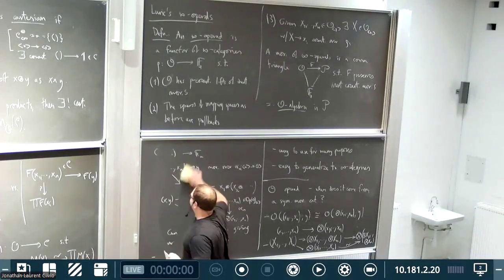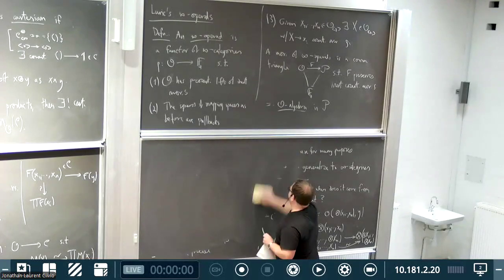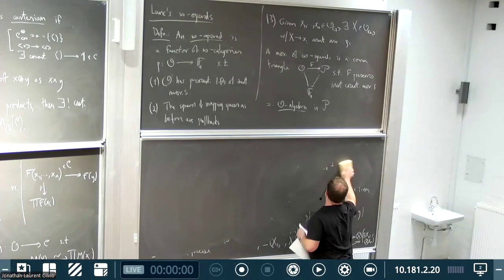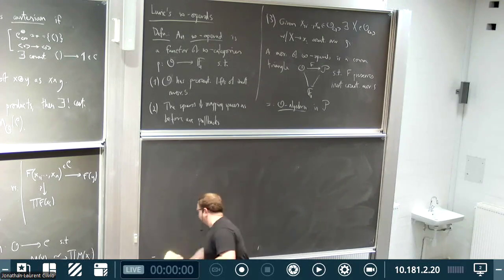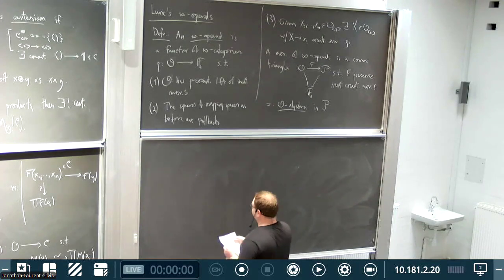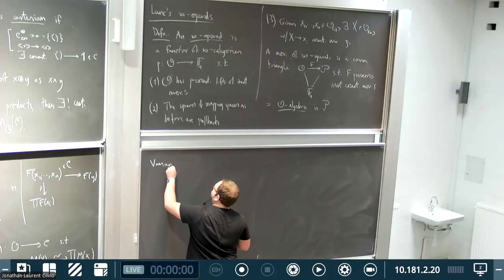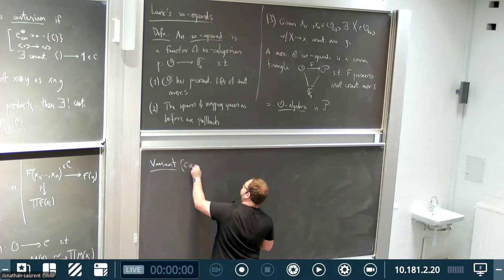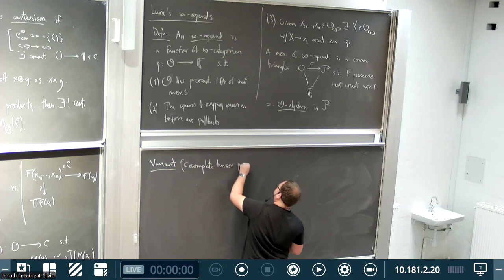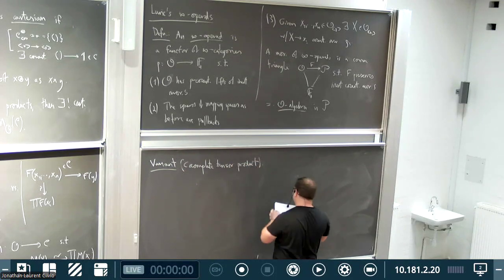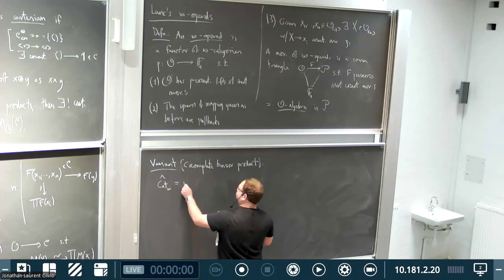In the last few minutes, I'll very quickly mention a variant where we can modify the structure, which is the complete tensor product. You can say that the infinity hat is just large infinity categories.